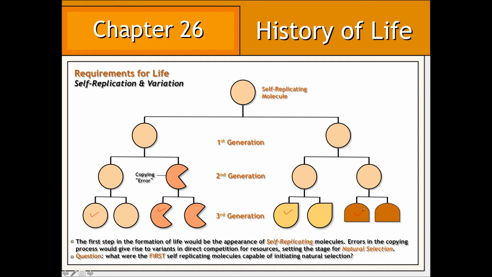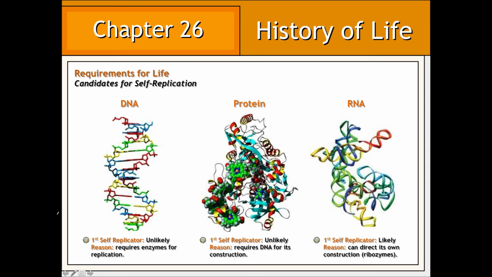The question becomes, what exactly were the first self-replicating molecules capable of initiating natural selection? Likely candidates for this first self-replicating molecule include DNA, protein, and RNA.